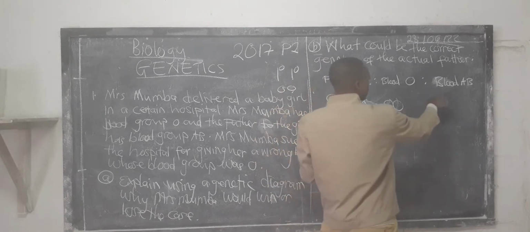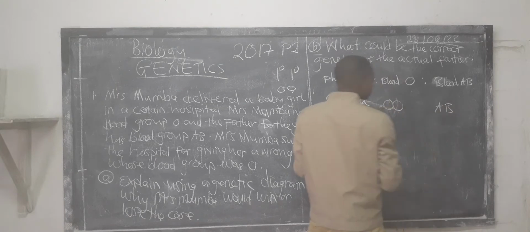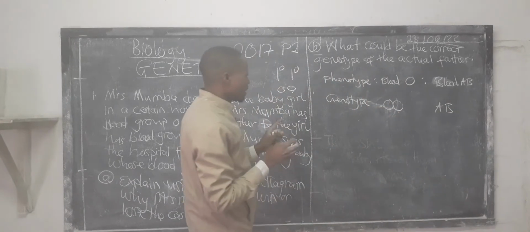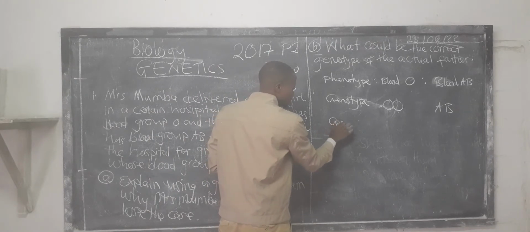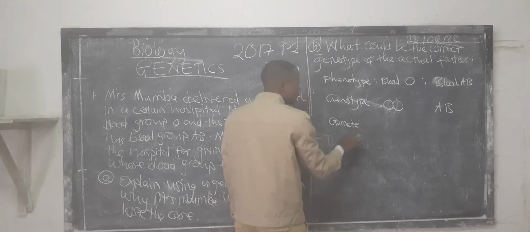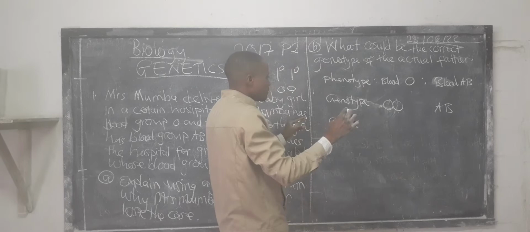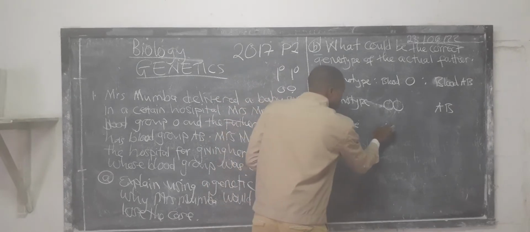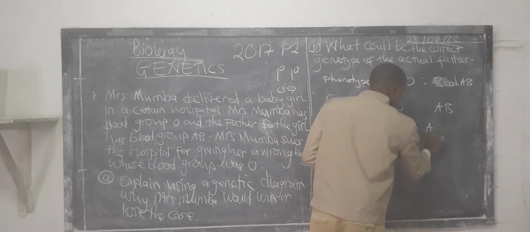Then the genotype for the father, blood group AB, is AB. After that we have to write the gametes. The gametes are the same symbols but a little bit far from each other, so that we can easily do the cross multiplication. So these are the gametes.